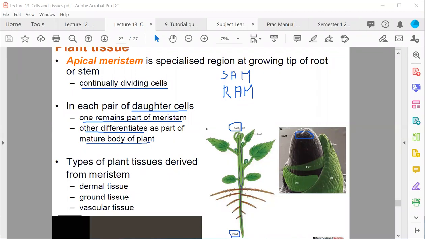So dermal meristem cells, I'm not sure exactly where they're found, will differentiate into dermal tissue. Ground meristem cells will differentiate into ground tissue, and vascular meristem cells will differentiate into vascular tissue. So let's look at those three tissue types.